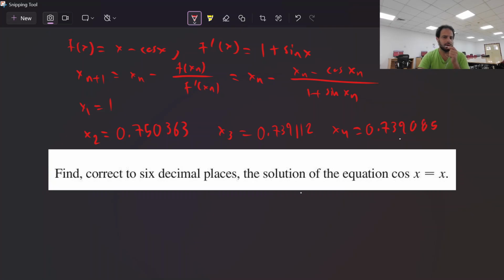Now, what are the correct digits until now? What do you think? What are the correct digits?